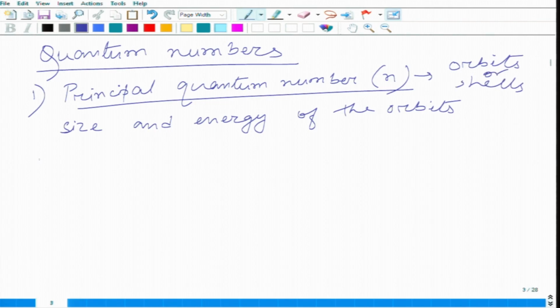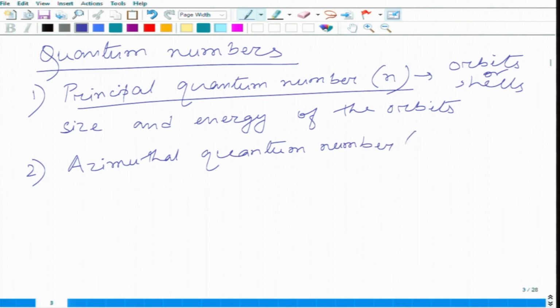The second one was the azimuthal quantum number, denoted with L, and it expresses the subshells.